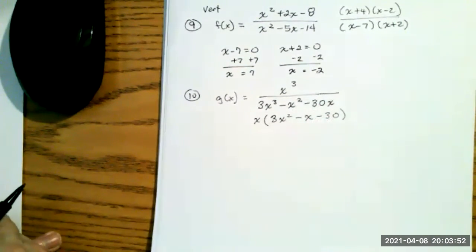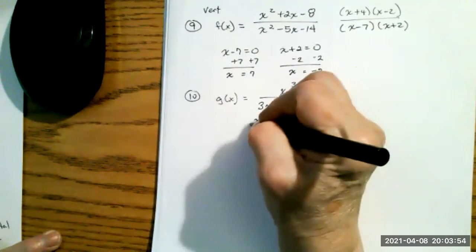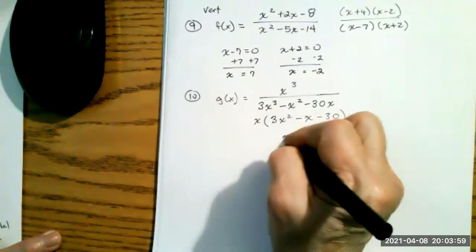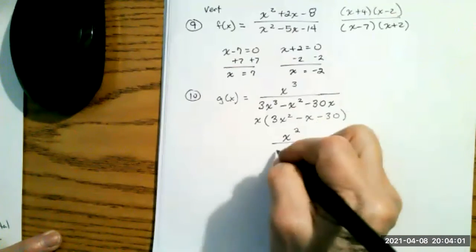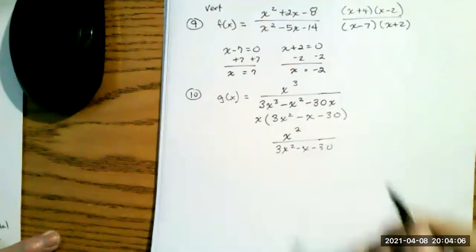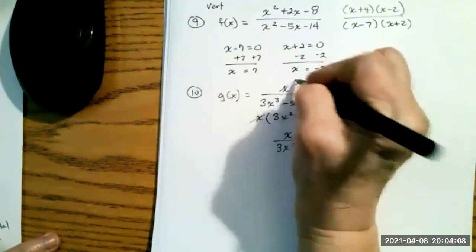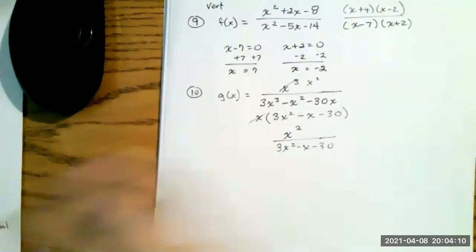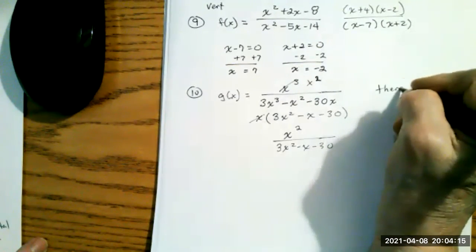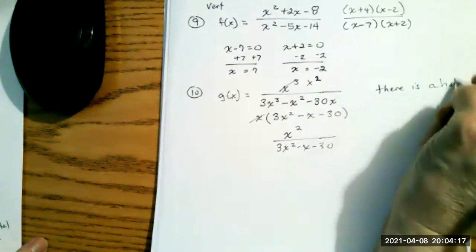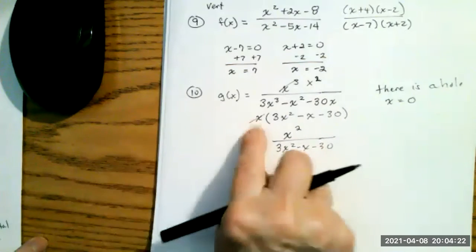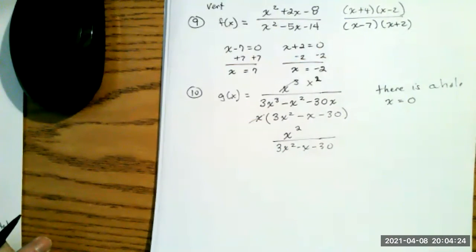And when you take out that x, it can cancel into one of these x's up here. So you would end up with x squared in the top and 3x squared minus x minus 30 in the bottom. Because one of these x's would cancel into one of those and make x squared up there. So there is a hole at x equals 0, because if you set this x equal to 0, that's where it would be.